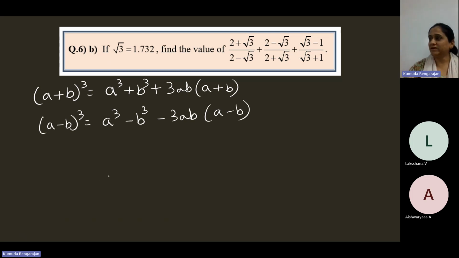You'll have to remember these two identities. We'll learn how these identities are derived in the next chapter, polynomials. For now, we'll just memorize it. Make a note of it.